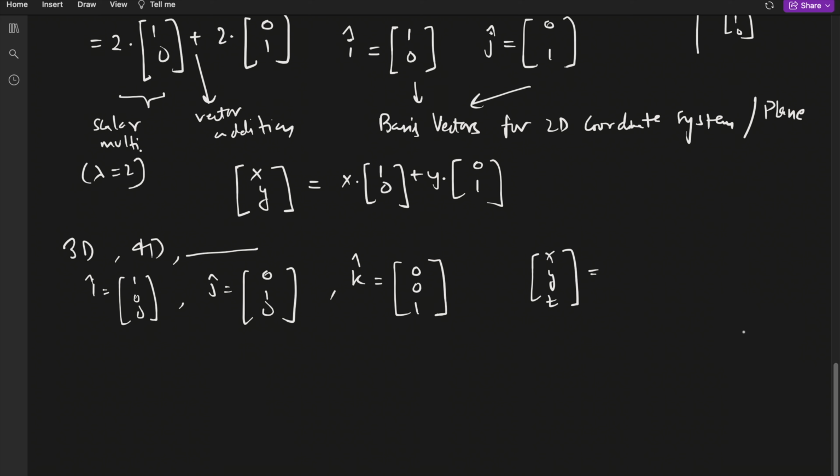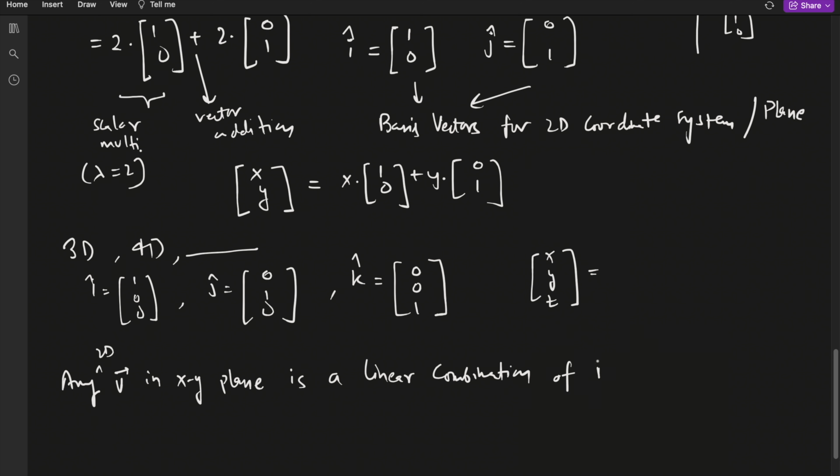Okay, so this is a very, very important statement: any 2D vector v in the xy plane is nothing but a linear combination of basis vectors i hat and j hat, or 1 0 and 0 1, and that's why it's named basis.